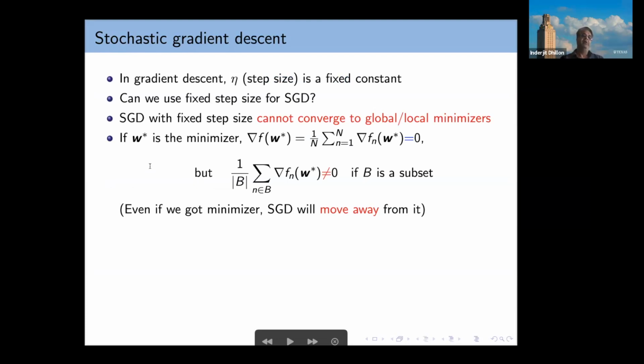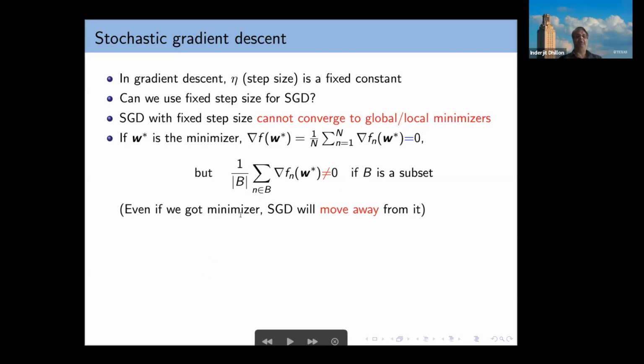So I'm now going to repeat what I just said: if W star is the minimizer, suppose this is a convex loss, then the gradient of F at W star is going to be zero. But if B is a strict subset, not the entire training data, then there is no reason for this to be exactly equal to zero.